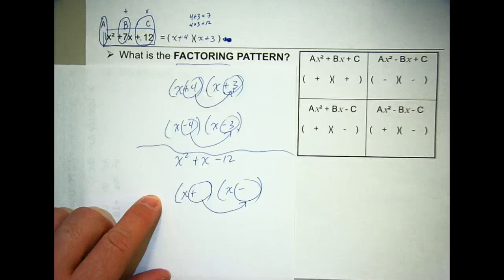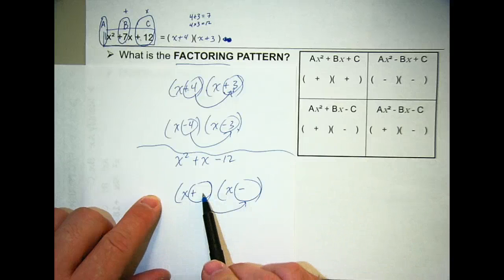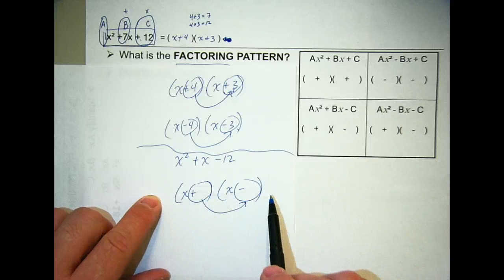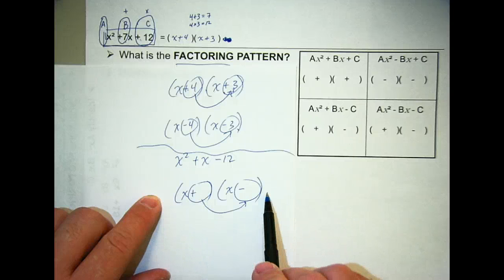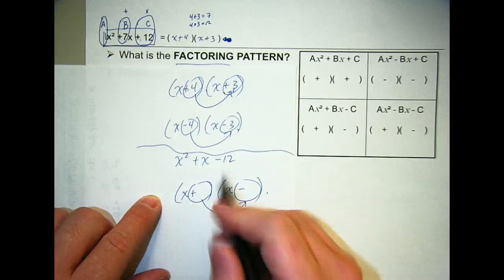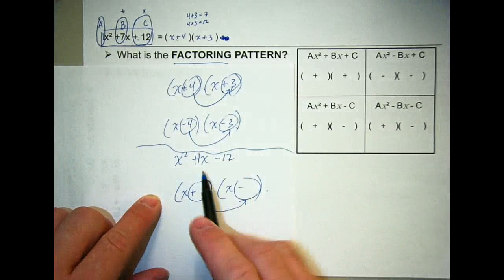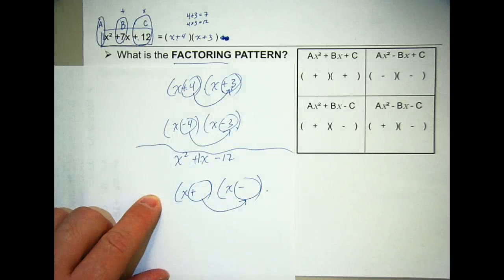Trinity? Does it matter what goes first, positive or negative? No, it doesn't. Could be negative, positive. Is it still 3 and 4? What did I change in here? Yeah, I just made this a 1. Explain to your neighbor why I had to make that a 1 and not a 7 now.